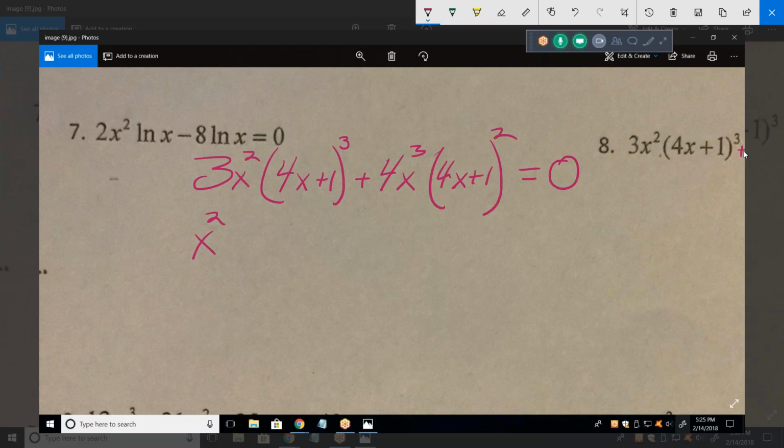So it's x squared times 4x plus 1 squared. Yeah, that's another one. I guess we can do it in the same step. We can see that both of those will come out as factors. The question is what's left behind?